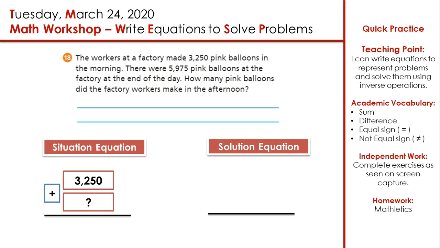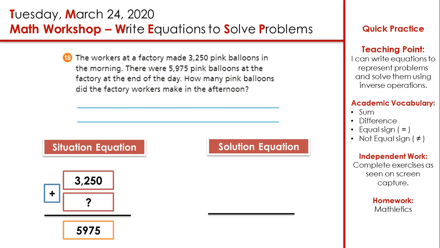Then we add the amount that they made in the afternoon, which is the one that we don't know. And then as a total, or in all, they say that they made 5,975 pink balloons. Alright? So as you can see right there, I have my situation equation.